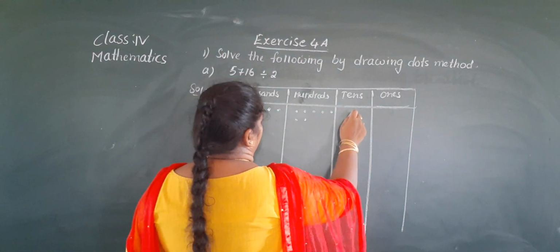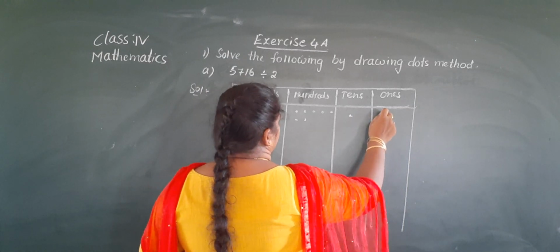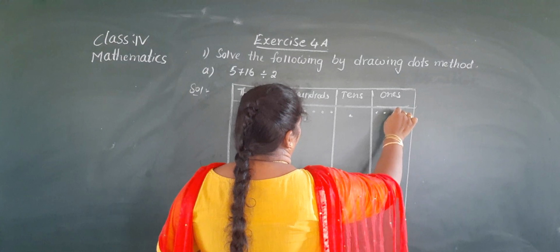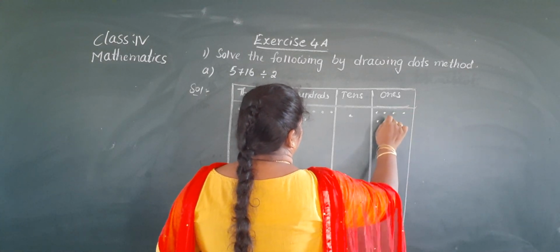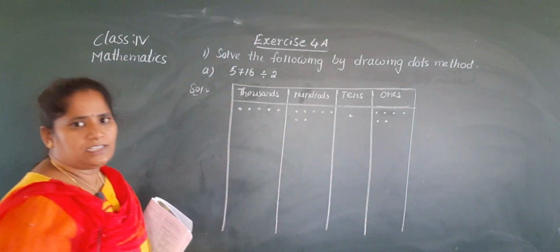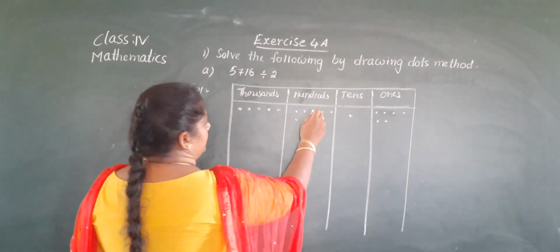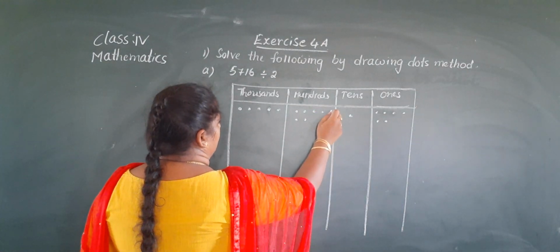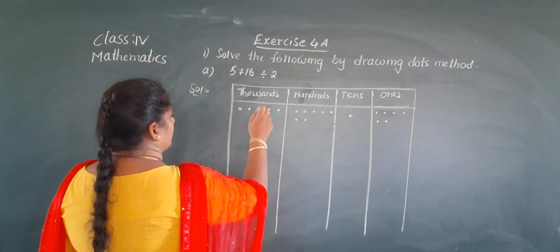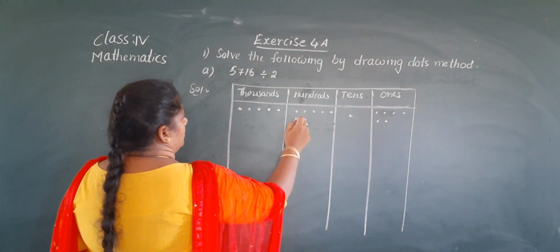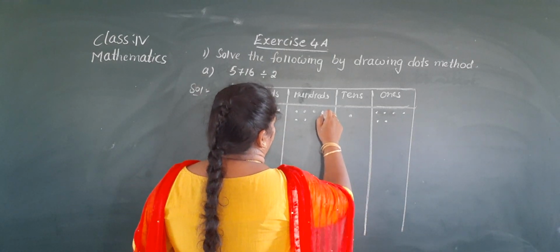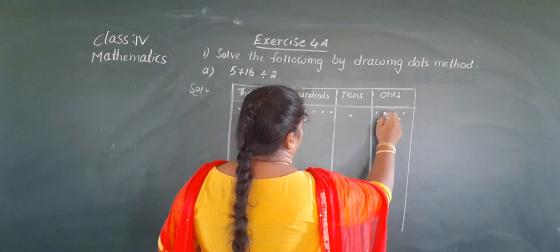Next, tens, 1 dot. 6 ones: 1, 2, 3, 4, 5, 6. So you have to arrange the dots like this. Can you see these dots, children? Just keep them like this neatly with pencil.